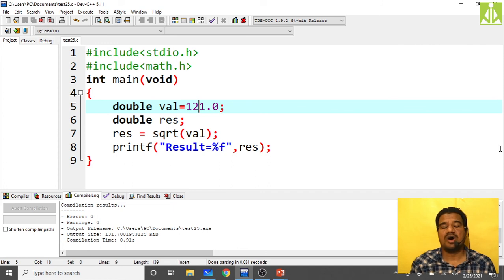Then ceil, always the nearest integral value in the right hand direction for a floating point or real number. For floor, always the nearest integral value in the left hand direction. For truncate, always in the direction of 0, and for round, always the nearest value. Then we discussed the power function and the square root function as well.